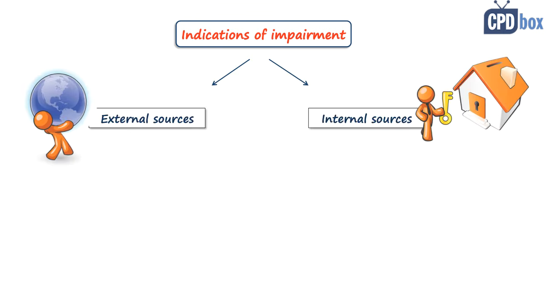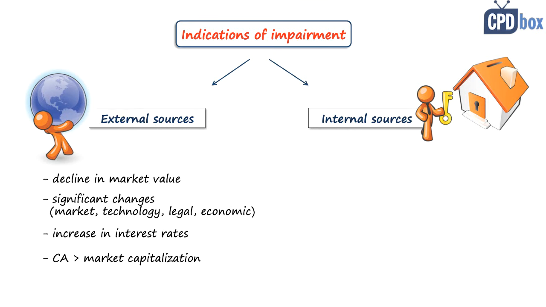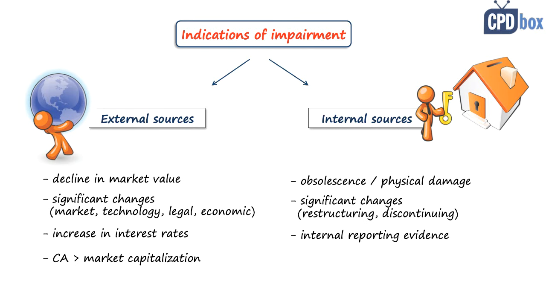As I have already said, there could be external and internal sources of potential impairment. So you can see the list of external sources of any potential impairment on the screen. And I'm quite sure that nowadays in these COVID times, there will be a lot of external indicators of impairment, right? Now let's take a quick look at internal sources of information to look at.